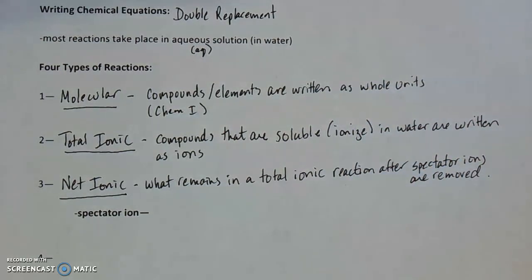So a spectator ion, just like we'd have a spectator in a sport, they really don't do that much. They don't participate in the game other than cheering and providing support, but they don't participate in the game. So spectator ions are ions that don't participate in the reaction.